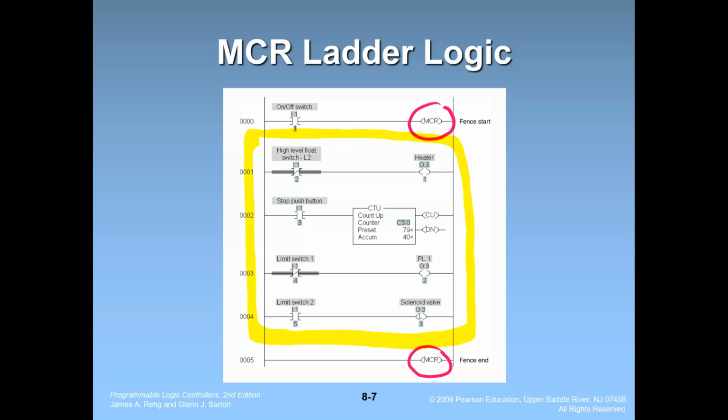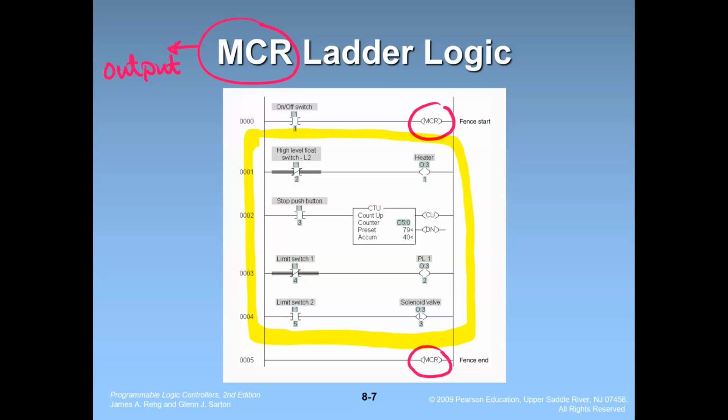The first thing you need to know about master control reset is that MCR is an output instruction. So you can see that MCR comes on the right hand side of your rung, where you need to have your output instruction. And you need to have two MCRs. One of them will be the starting point and the second one will be the end point.